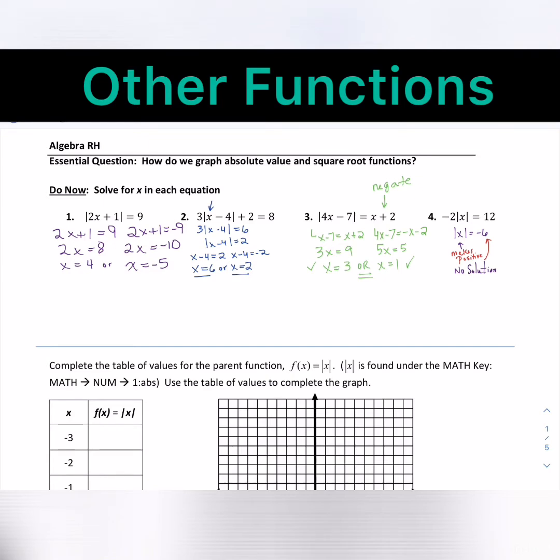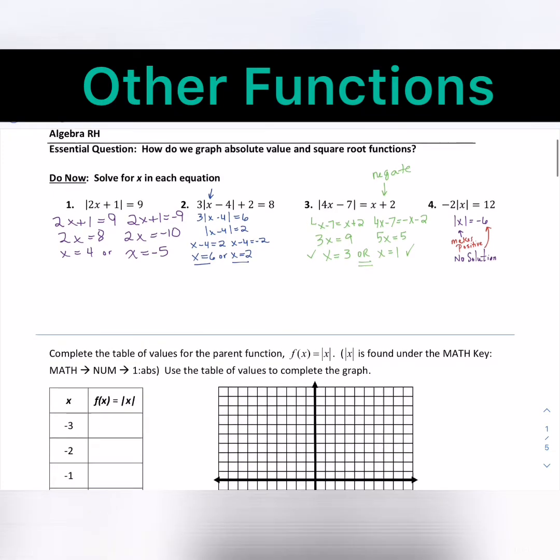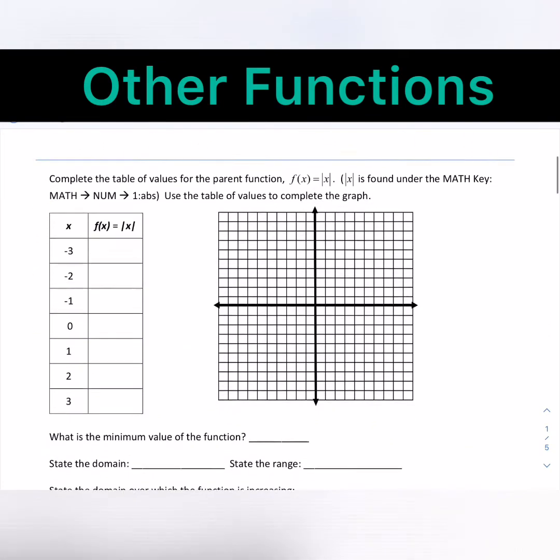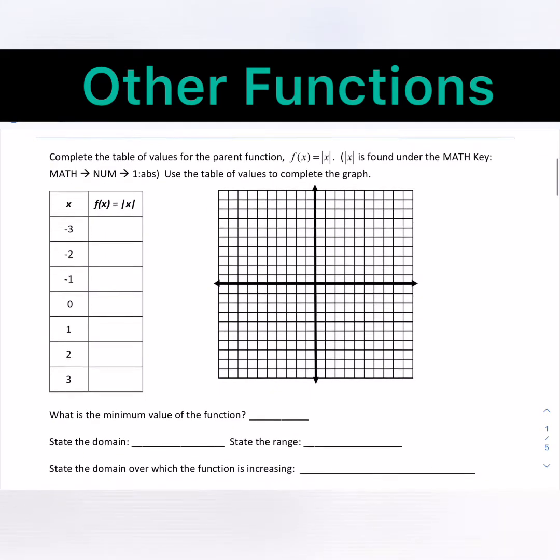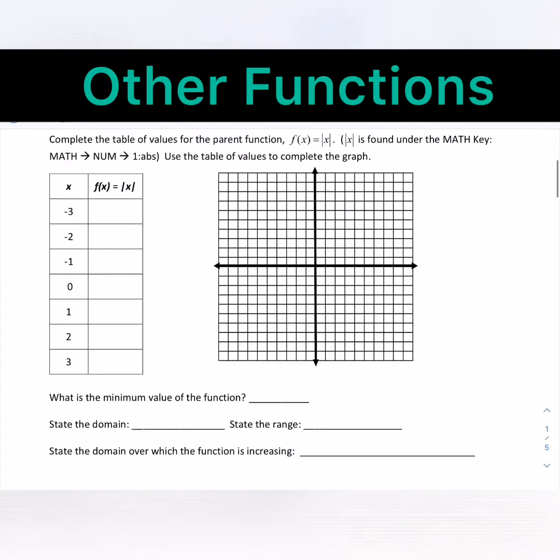All right, very good. So what we're going to do next is move on to graphing absolute value functions. First thing I want you to do is get out your calculator, and you are going to follow this nice set of instructions. You're going to hit math, number, and then go to number 1, and it's abs. That stands for absolute value. Go into your y equals and type in the function f of x equals the absolute value of x.